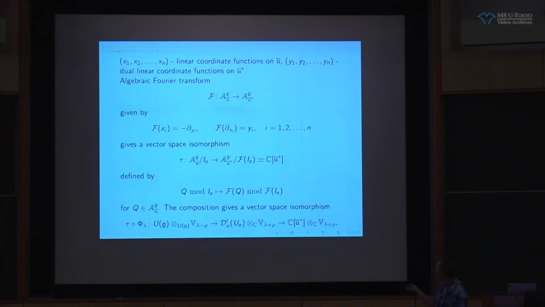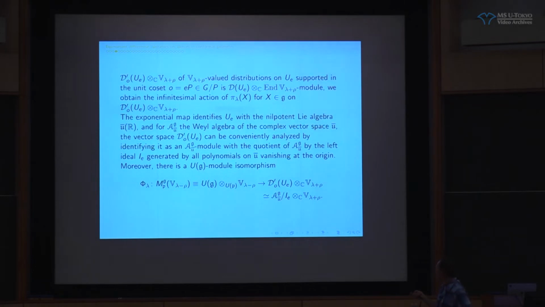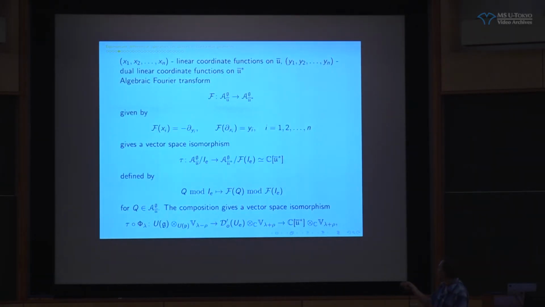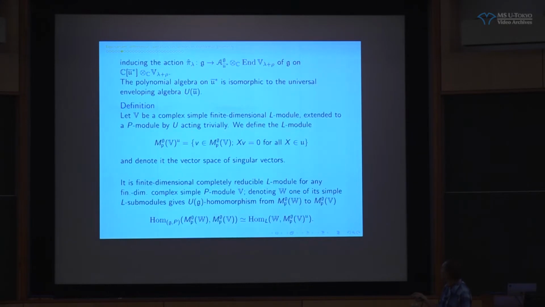So we can compose the previous map, denoted by phi subscript lambda, with tau, a vector space isomorphism, to get another vector space isomorphism from the corresponding generalized Verma module to the polynomial algebra on U bar star valued in that representation. So notice that there is a shift in the corresponding character, which is due to several conventions and due to the origin of the two maps.